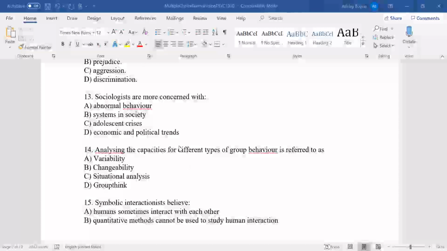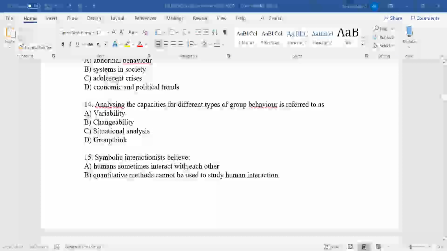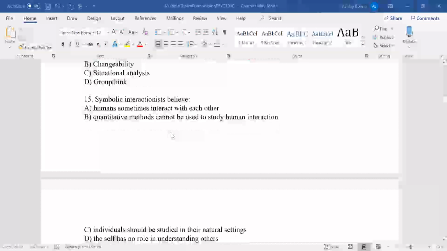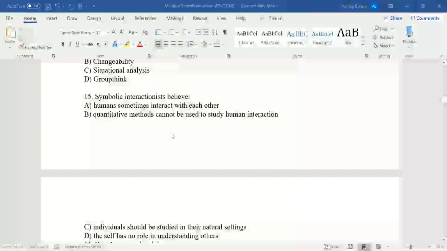All right, so the intent to harm another, either physically or verbally, is referred to as A, scapegoating, B, prejudice, C, aggression, or D, discrimination. Okay, yeah. So the answer is C, that's aggression.